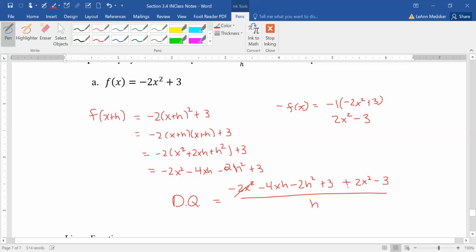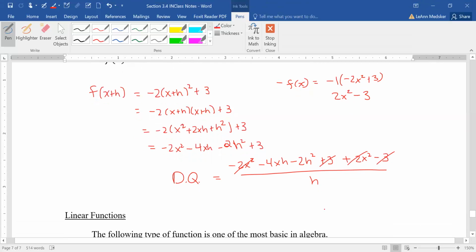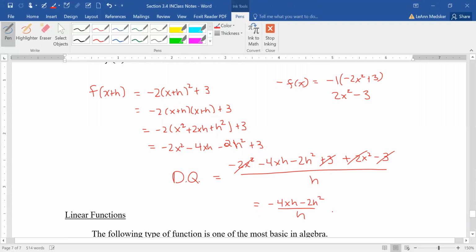If you've done it correctly, everything that does not have an h on top in these polynomial ones will cancel out. And we get -4xh minus 2h squared over h. And canceling out and reducing an h from each term gives me -4x minus 2h.